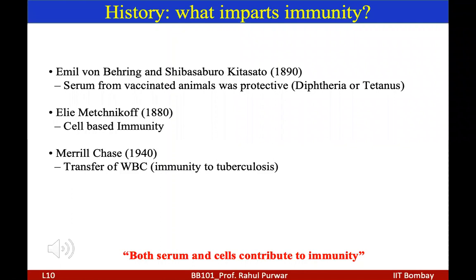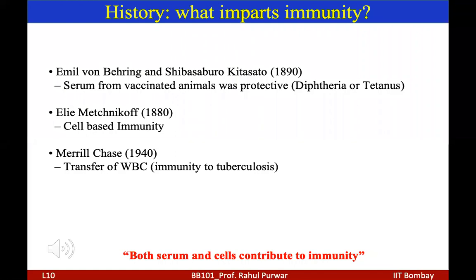Okay. So now comes Elie Metchnikoff. While Emil von Behring and Kitasato showed that the non-cellular fraction, which was the serum, has the protective effect, which nowadays we know are the antibodies, in 1880 Metchnikoff said that the protective component is present in the cell fraction.